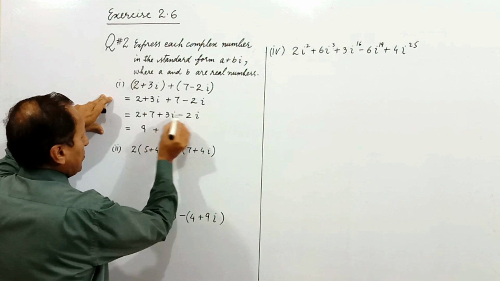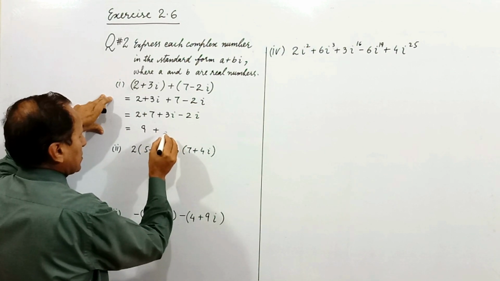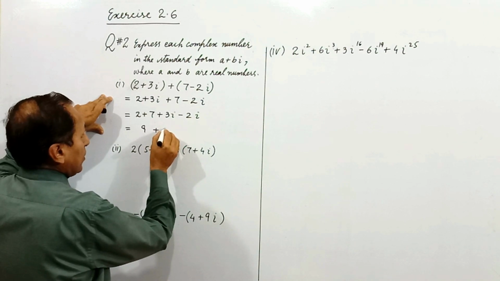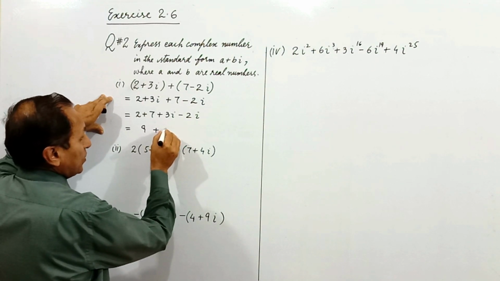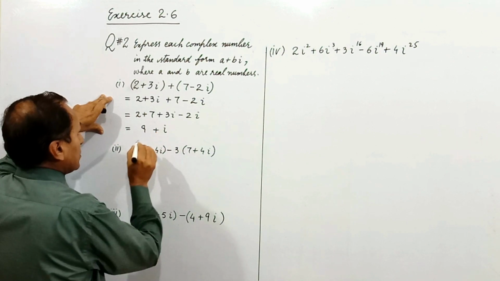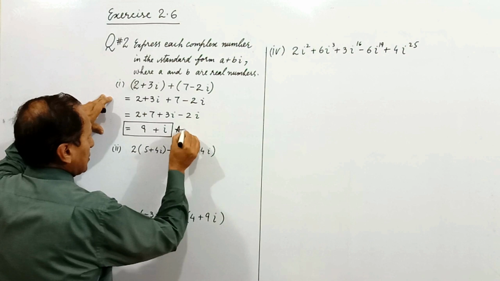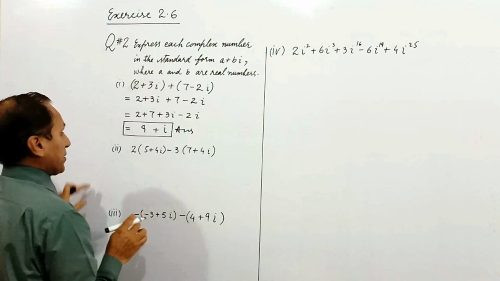And 3 minus 2, the coefficients are subtracted due to the different signs, so 3 minus 2 is equal to 1. 1 is not needed to be written, so we write only iota. So 9 plus iota is the simplified answer, which is in the form a plus b iota.